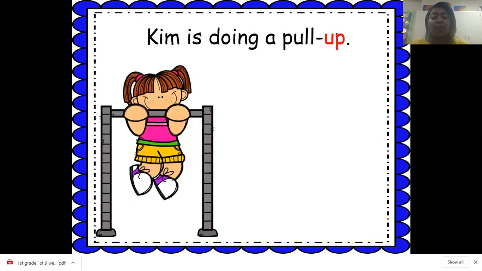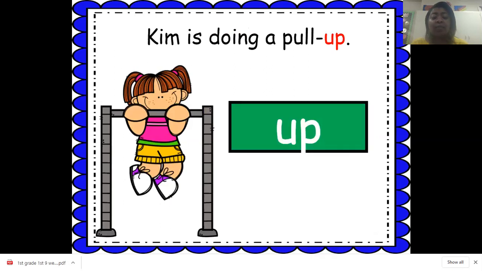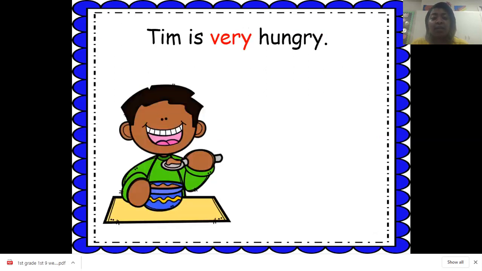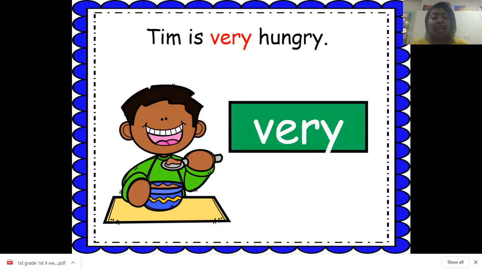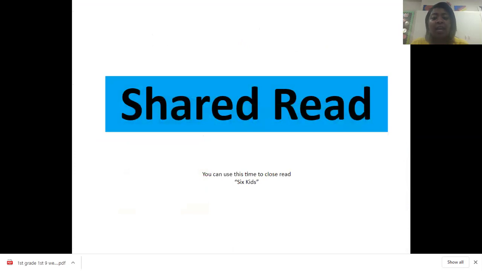Kim is doing a pull-up. What word is in red? Up. U-P, up. Tim is very hungry. Very. That's the word that was in red. V-E-R-Y, very.